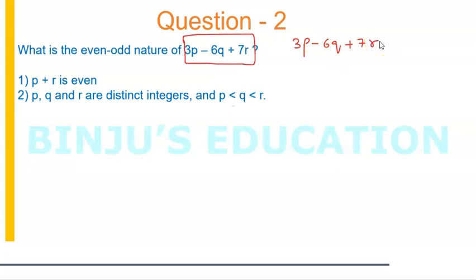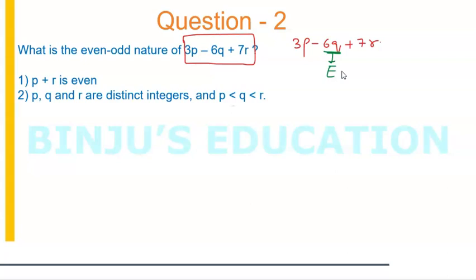If I look at this, there is one thing I can confirm, and that is the value of 6q, this will always be even. Because q is multiplied by an even number, 6 is an even number. Even number multiplied either by even or by odd will always fetch you an even result. So no matter what happens, 6q will always give you an even result, that's for sure.